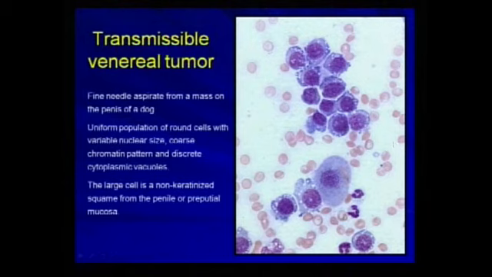But one characteristic of transmissible venereal tumor cells is they have deep blue cytoplasm with these very discrete cytoplasmic vacuoles. And if you see this from the genitals of a dog, this would be a very appropriate diagnosis for transmissible venereal tumor.